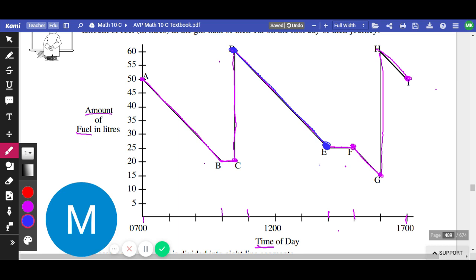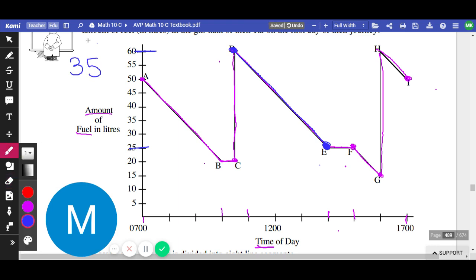So if I started at 60 and then I stopped at 30, that means I used 30 liters of fuel. Went from 60 to 30, lost 30 liters of fuel. That's how much I used. Is it 25? Sorry. That means I actually used 35 liters of fuel.